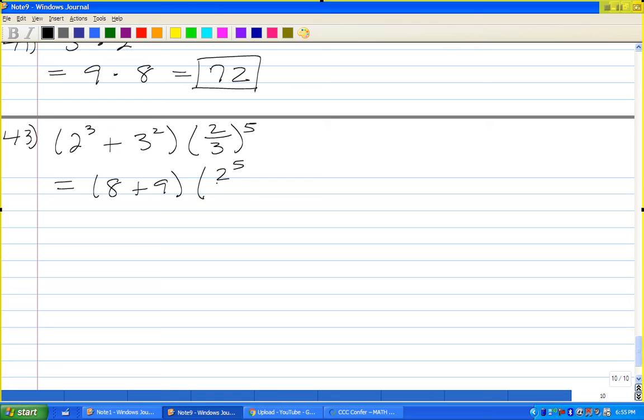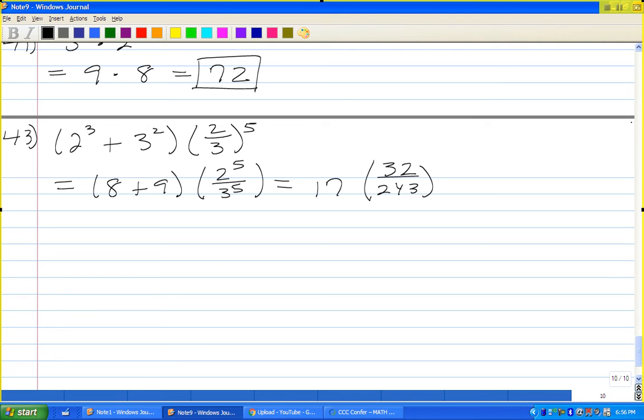Over 2 to the 5th, 3 to the 5th. 8 plus 9 is 17. 2 to the 5th is 32: 2 times 2, 4 times 2, 8 times 2, 16 times 2, 32. 3 to the 5th: 3 times 3, 9 times 3, 27 times 3, 81 times 3, 243.